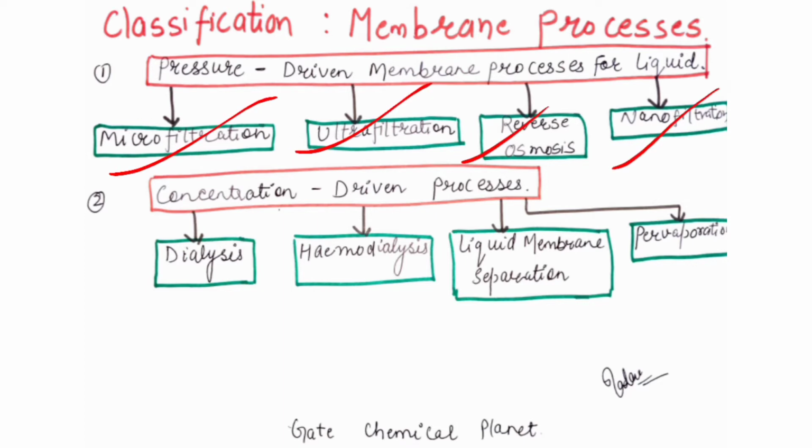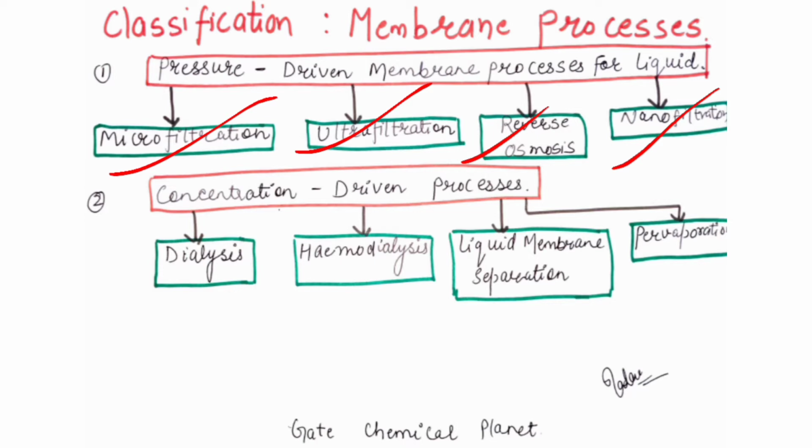In all these processes, pressure is the driving force, and therefore they are the pressure driven membrane processes for liquids. So first we will discuss microfiltration. In this lecture we will discuss only microfiltration and also one tutorial question on microfiltration, and then we will come to ultrafiltration, reverse osmosis and nanofiltration in later lectures.